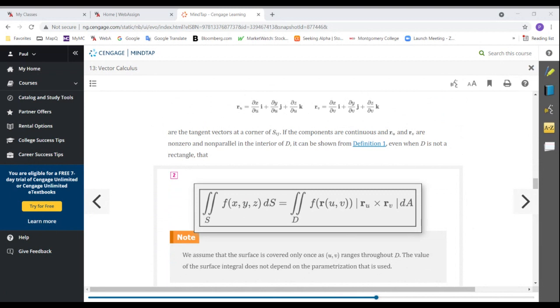And so it can be described by the vector r of u and v, with respect to some value of u and some value of v.